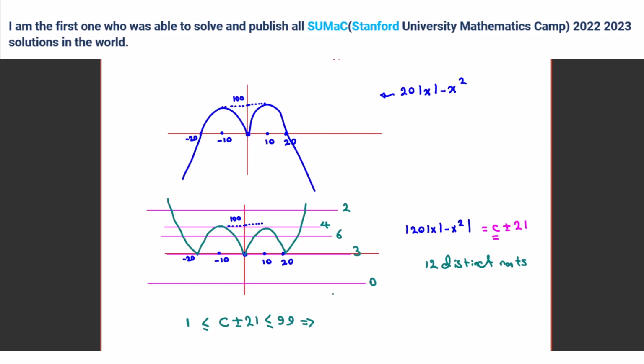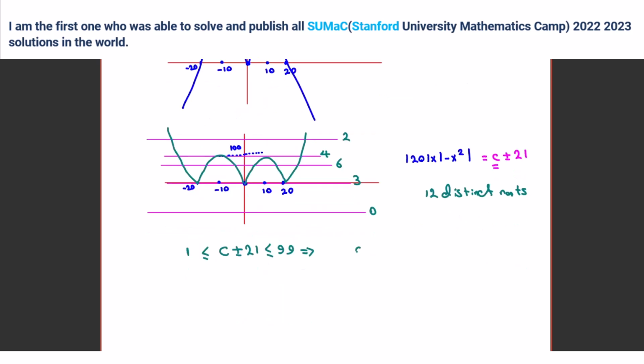Okay, now both of them should be satisfied. From here, we can conclude C is at least what, at most what? C is at least 78 from this one. Okay. At most 78, right?